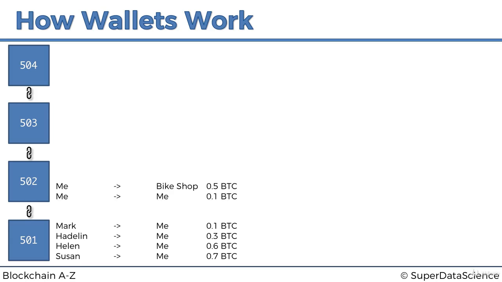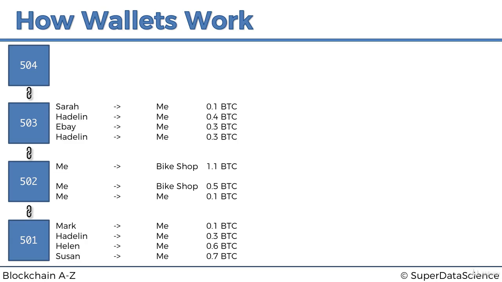Then when I purchased the first bike in the bike shop, that went to block 502, and the second transaction went into block 502 as well. Then the more transactions that came along were in 503, and then in block 504 again I went shopping for a bicycle.